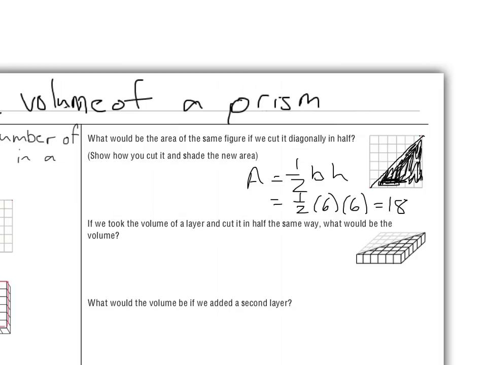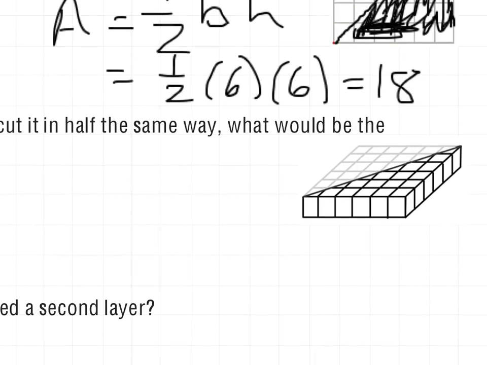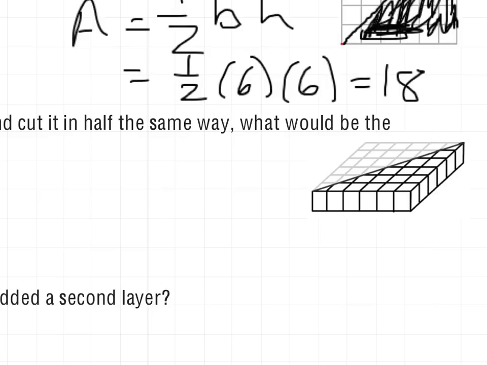Well, as I start to look through this, what I can see here is as I'm cutting this in half, it's like I see 1 cube, 2 cube, 3 cube, 4 cube, 5 cube, 6 cube, 7, 8, 9, 10, 11, 12, 13, 14, 15, 15 and a half because that one got cut in half, 16 because that one got cut in half, 16 and a half, 17, 17 and a half, 18.